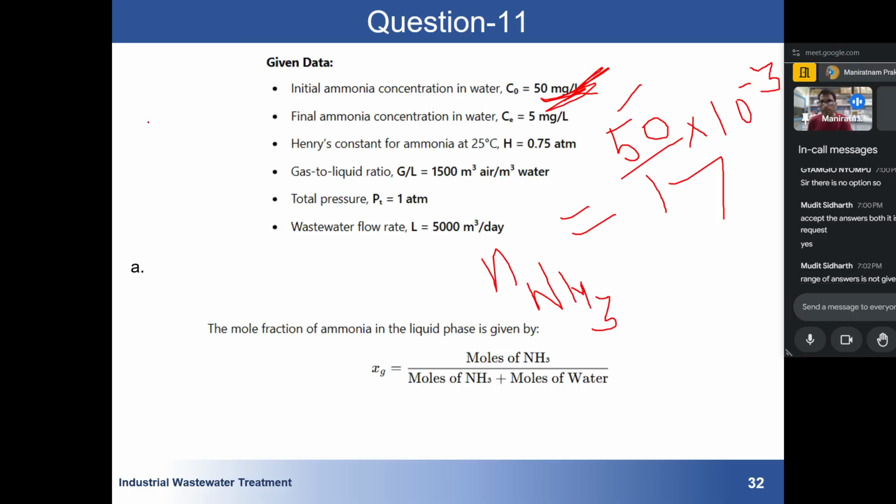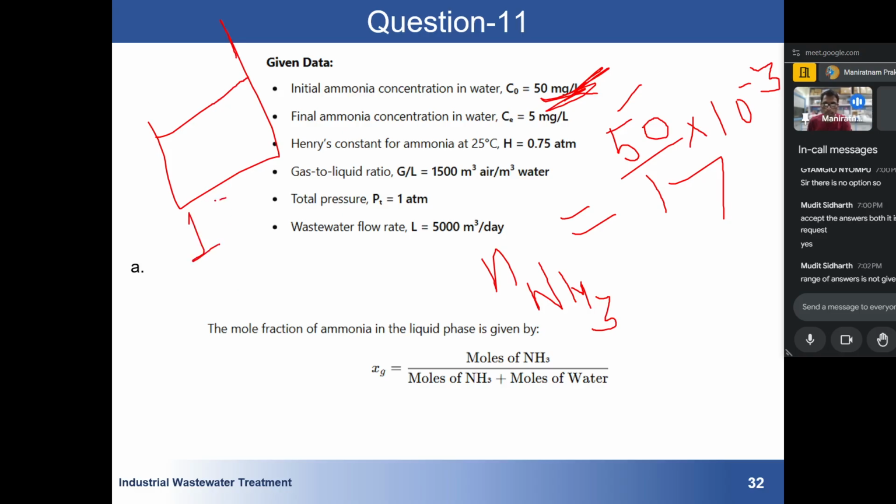This is simple. Suppose I have 1 liter of water. Then we know, what is the density of water? Anyone? 1000 gram. That is correct.